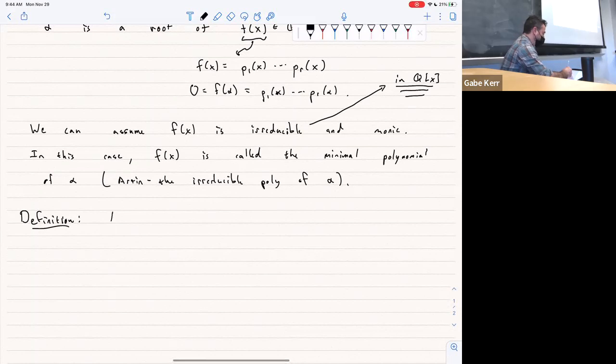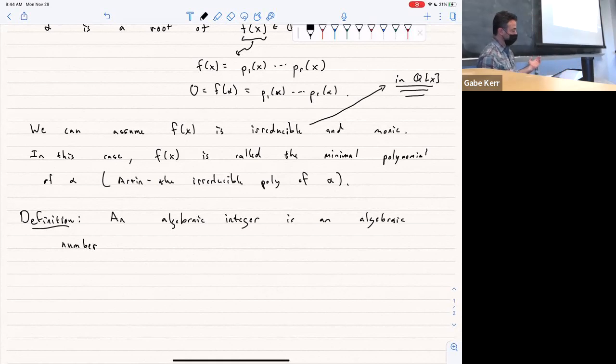An algebraic integer alpha is some element of C which is a root of a polynomial with coefficients in Q, whose minimal polynomial has integer coefficients.